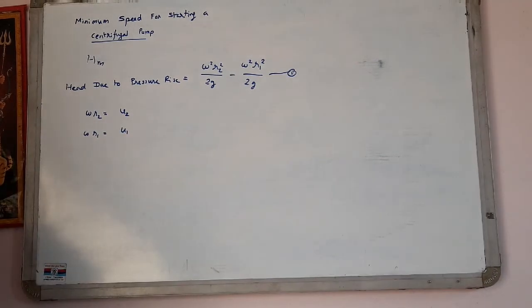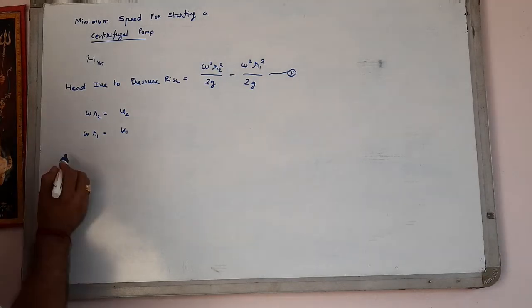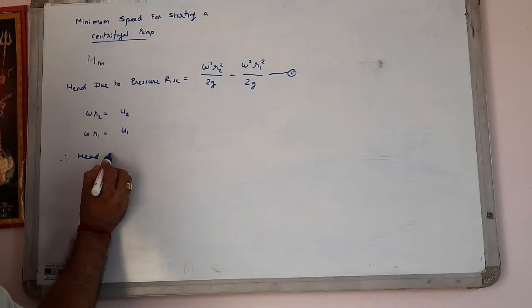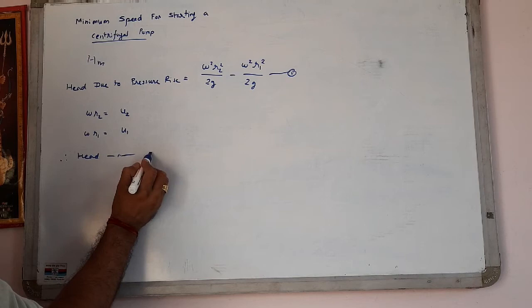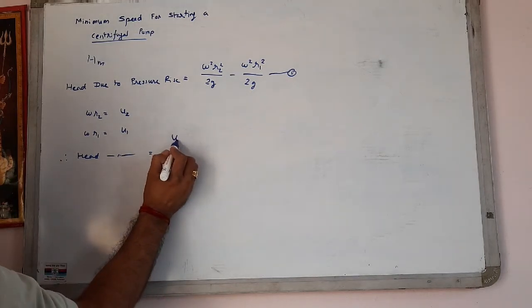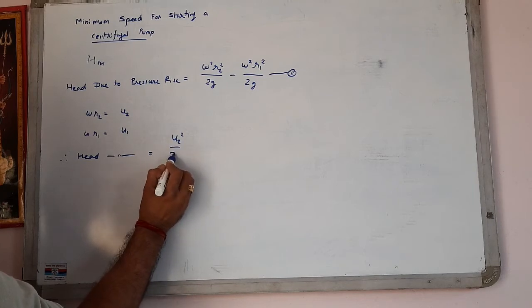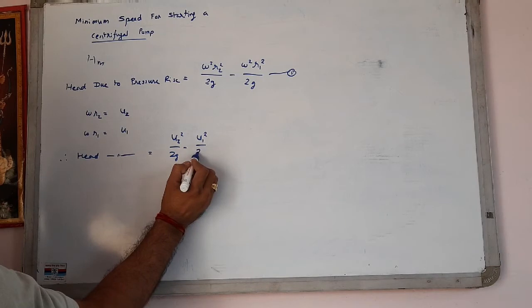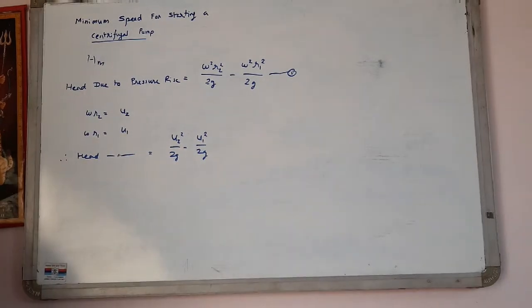So the head due to pressure rise in impeller is U2 square by 2G minus U1 square by 2G.